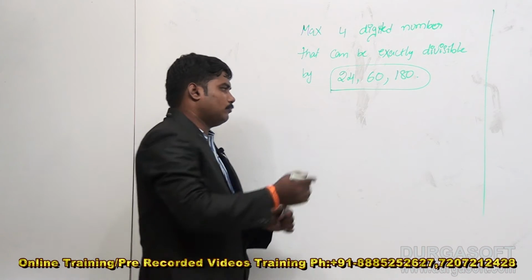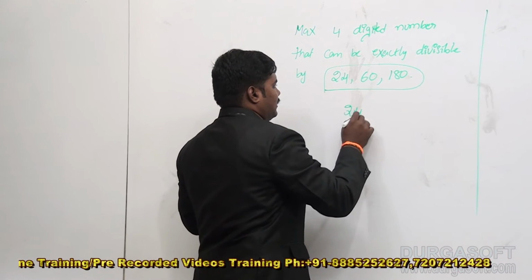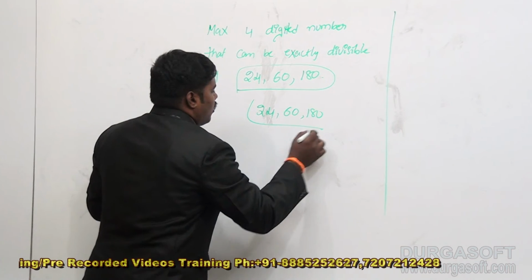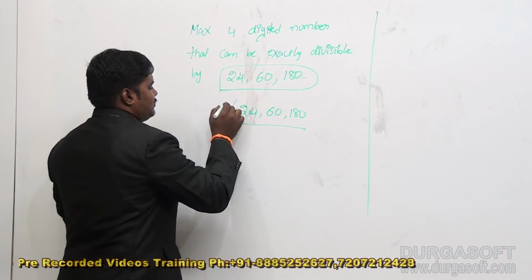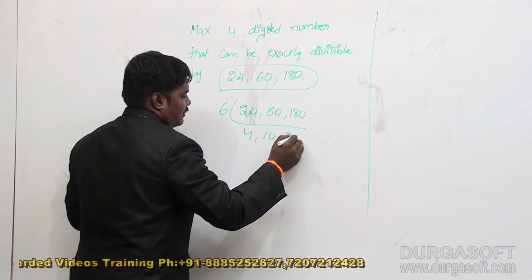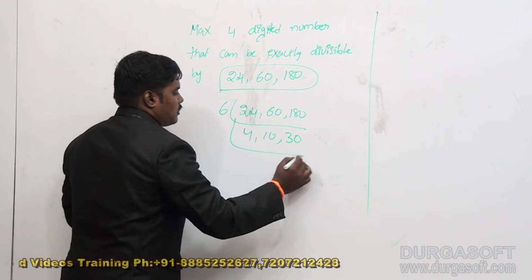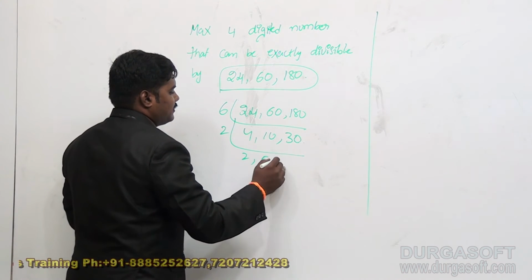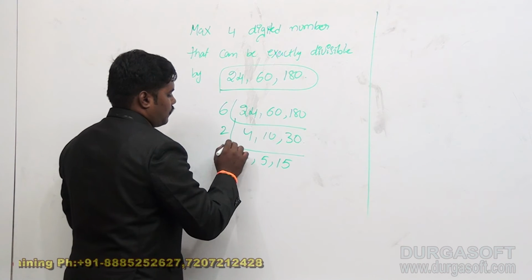Sometimes you may do it like this also: 24, 60, 180. Common to all three is 6: 6 fours, 6 tens and 6 threes. Next, common to all three is 2: 2 twos, 2 fives and 2 fifteens.